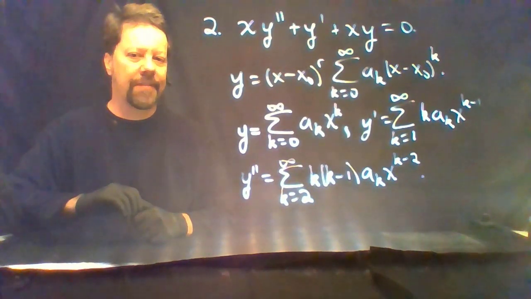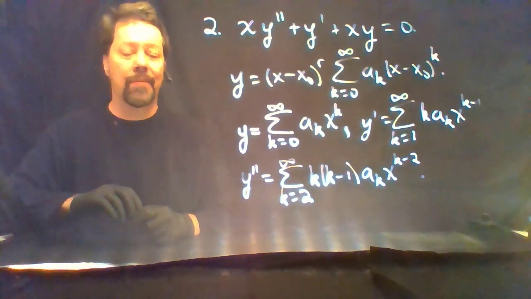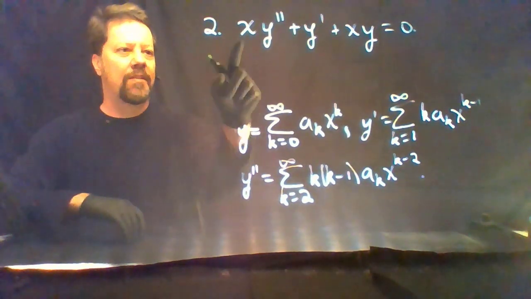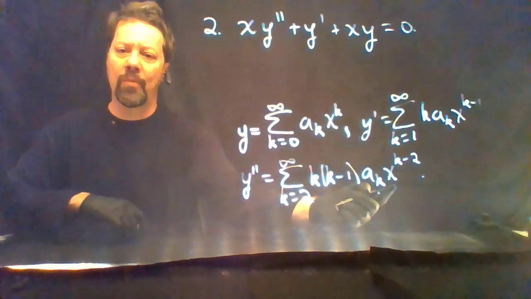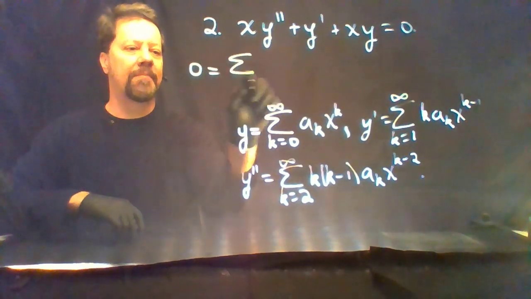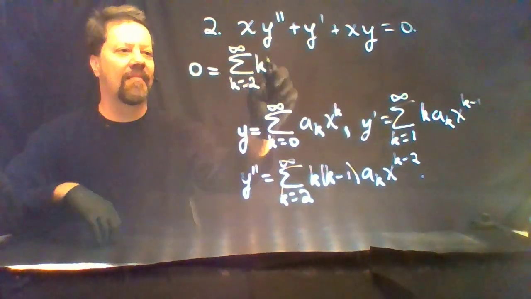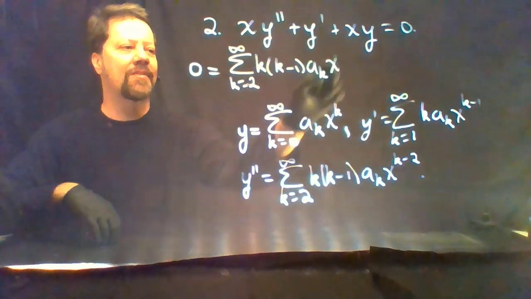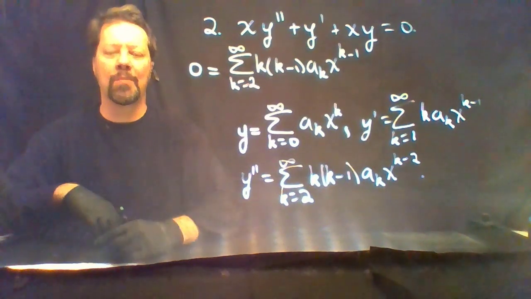We need to put all of this into the differential equation, and it doesn't matter if you plug it into the original differential equation or into the standard form. When we multiply y double prime by x, we'll end up with one more power on x. We'll have the sum as k goes from 2 to infinity, k times k minus 1, a sub k, x to the, not k minus 2, but k minus 1, since we're adding on one more factor of x.